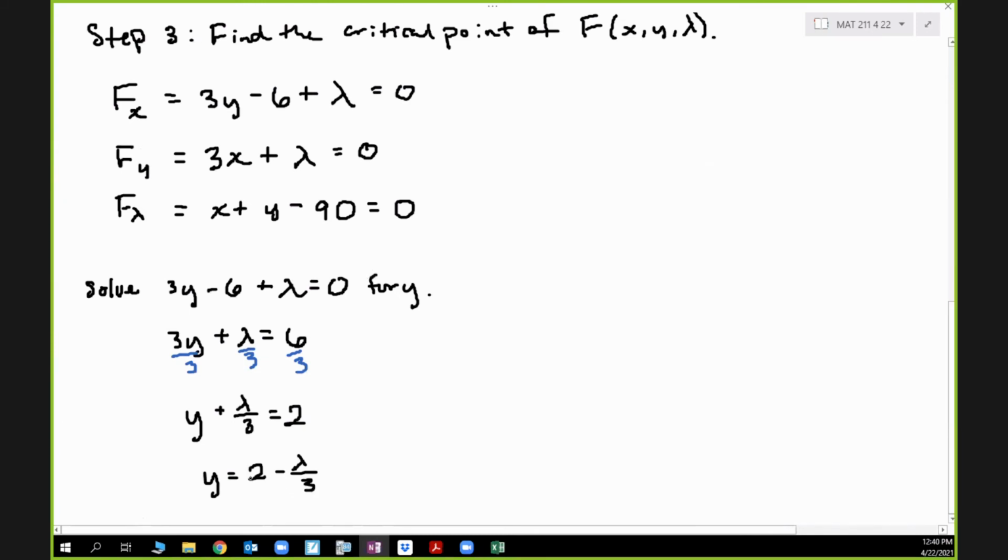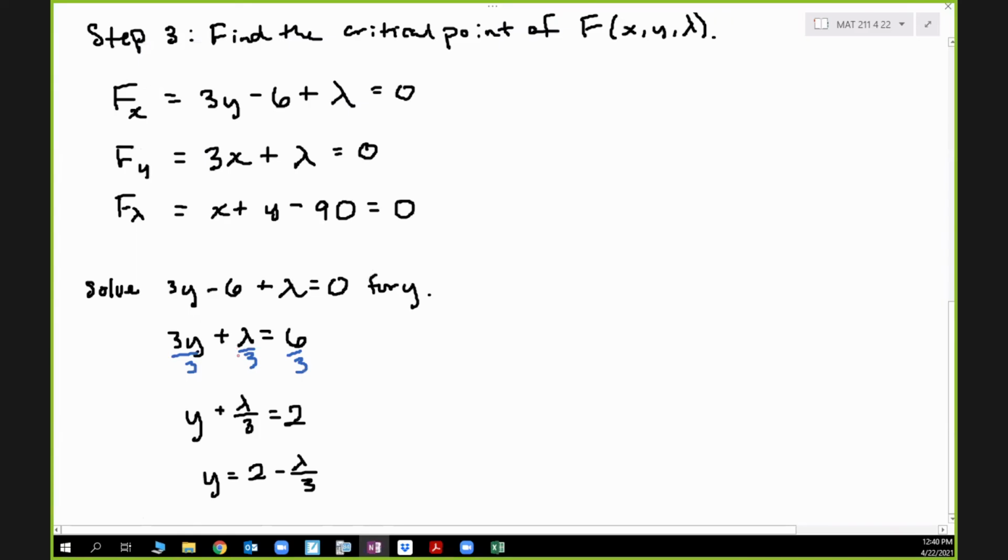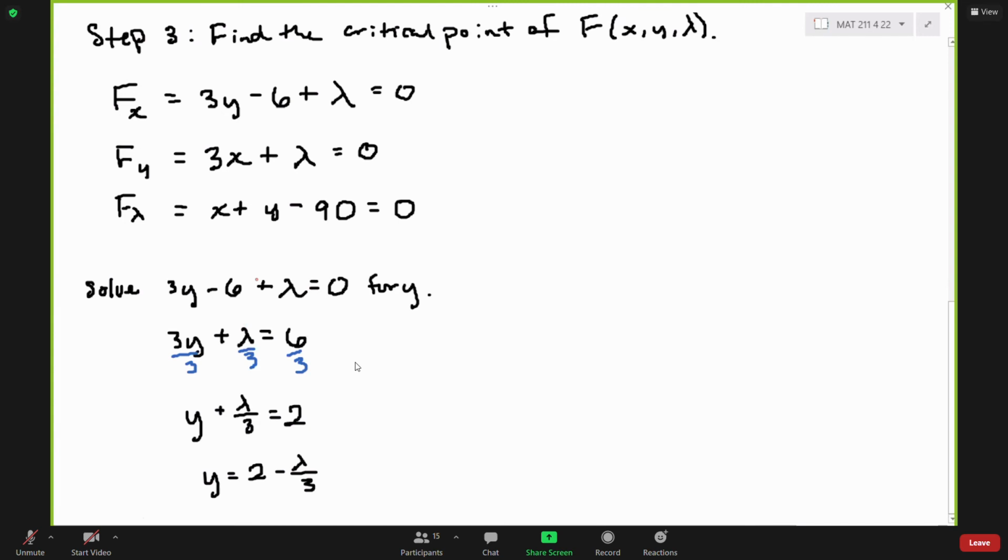It's just, I think that way makes it more likely for people to forget to divide by 3 on that lambda. I would have. Yeah. So I wouldn't recommend that way, but if everything goes right, then it's totally fine.